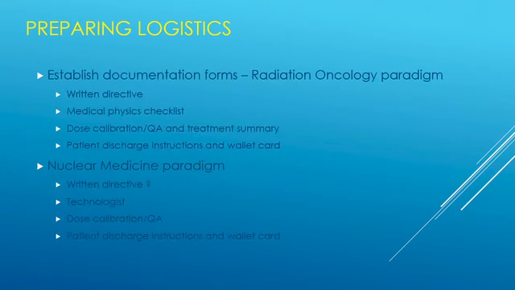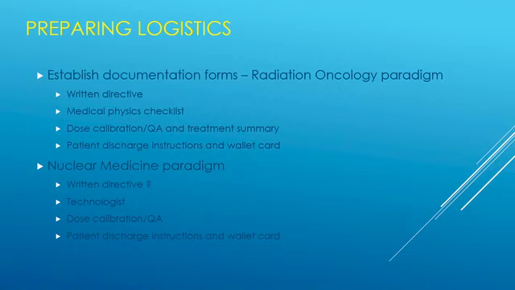Okay, so when we talk about establishing documentation forms, we're going to start to take a look at the differences between the different departments. This is really from a radiation oncology paradigm, where we're used to having a much higher level of rigor in QA and procedural form. You want your written directives, you want to have the medical physics checklist.